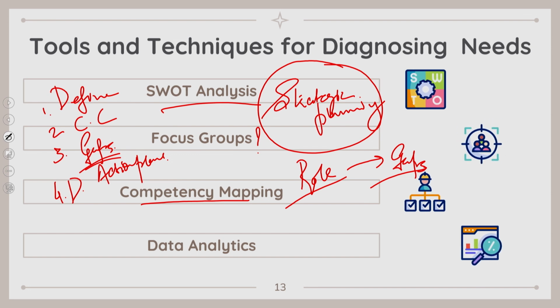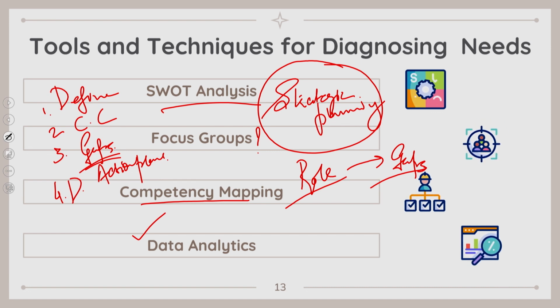And finally, we move to data analytics, one of the hot aspects when we consider today's world. What is data analytics? We all know. Quickly, it involves analyzing large data sets to uncover patterns, trends and correlations. In the context of learning and development, data analytics helps identify systemic issues and predict future needs based on historical performance metrics.